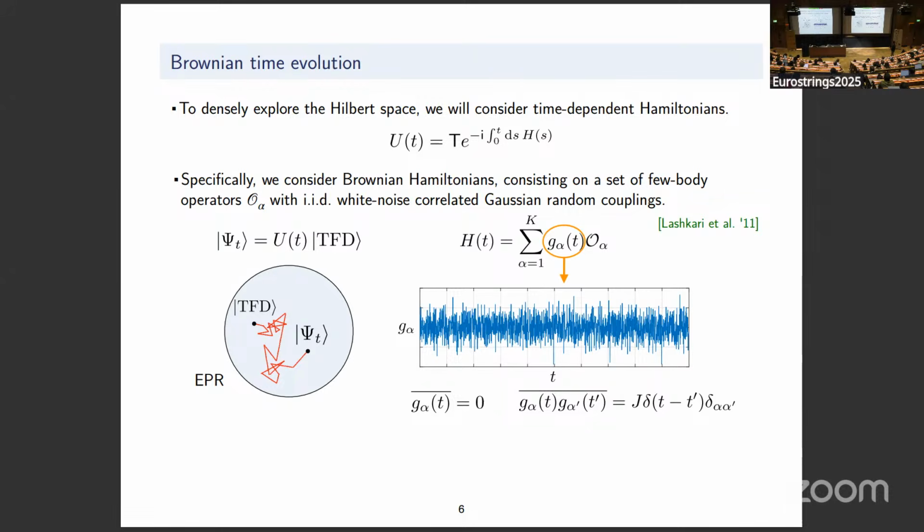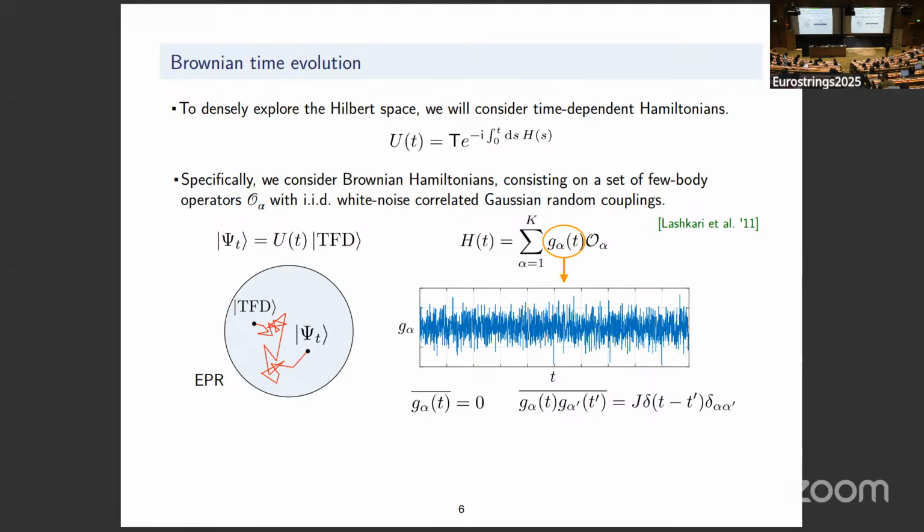And essentially what makes it Brownian is that we are choosing the time-dependent couplings from a white-noise correlated Gaussian random distribution. So each coupling is chosen at random at each time step with zero mean, with a variance which is independent at different times. So essentially the couplings are uncorrelated at different times, and the variance is controlled by some scale J that we define here.